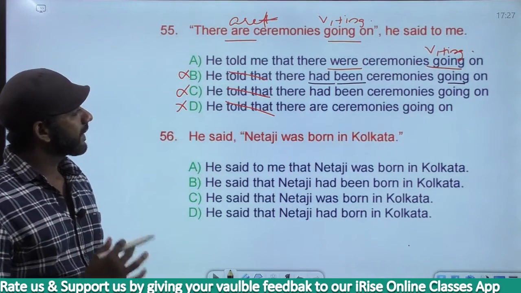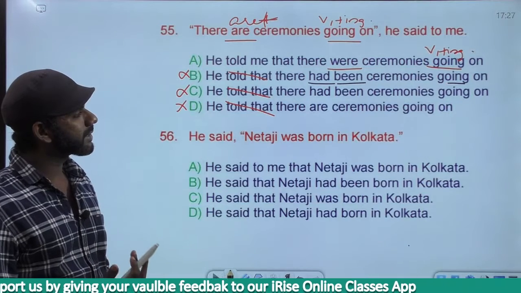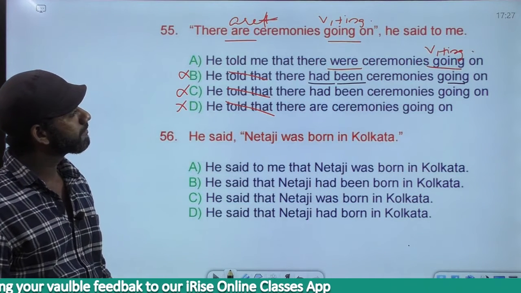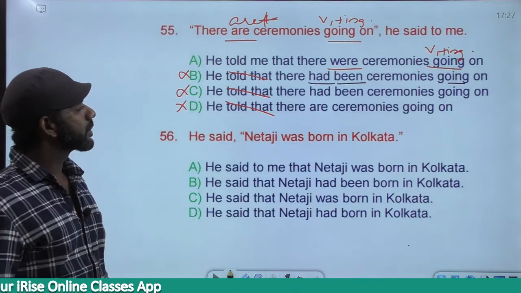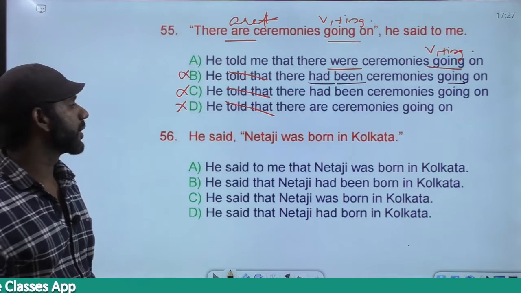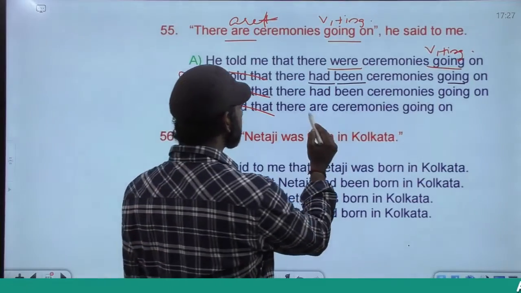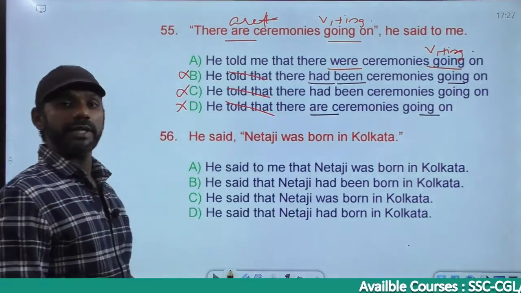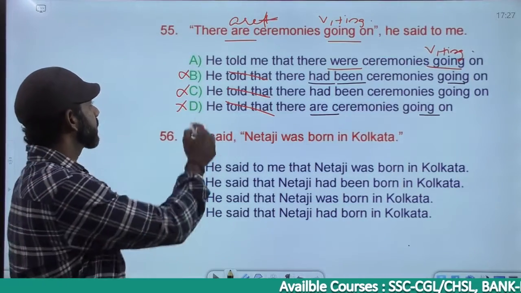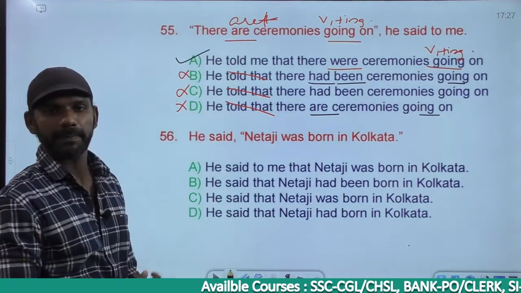Come to C. He told that there had been ceremonies going on. Same thing. It could be a typo. Gone, eliminated. Option D: He told that there are ceremonies going on. Are ceremonies going on is are plus V1 plus ing, present continuous. What we need is past continuous, not present continuous. Eliminated. The answer must be option A.